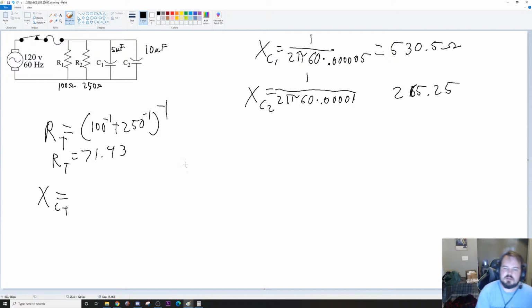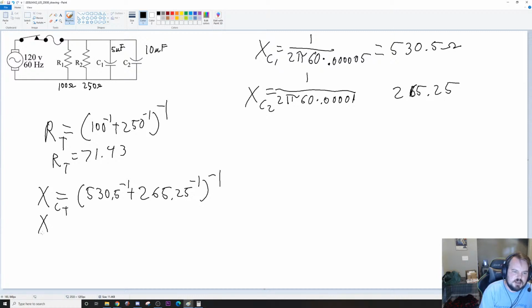Alright, now we do the reciprocal method. So open parentheses, 530.5 to the negative 1 plus 265.25 to the negative 1. Close it, one more negative 1. And this will give us X of C total. Back to the calculator.